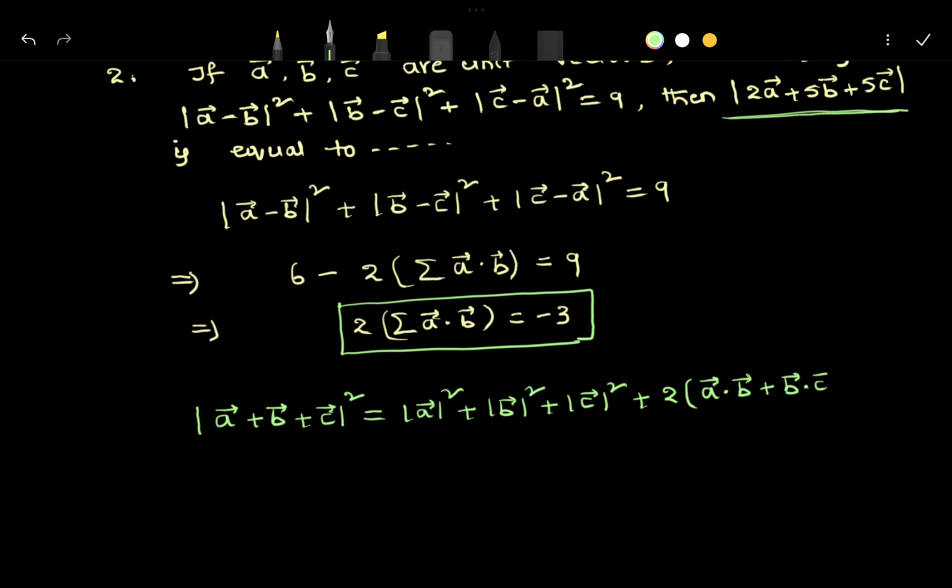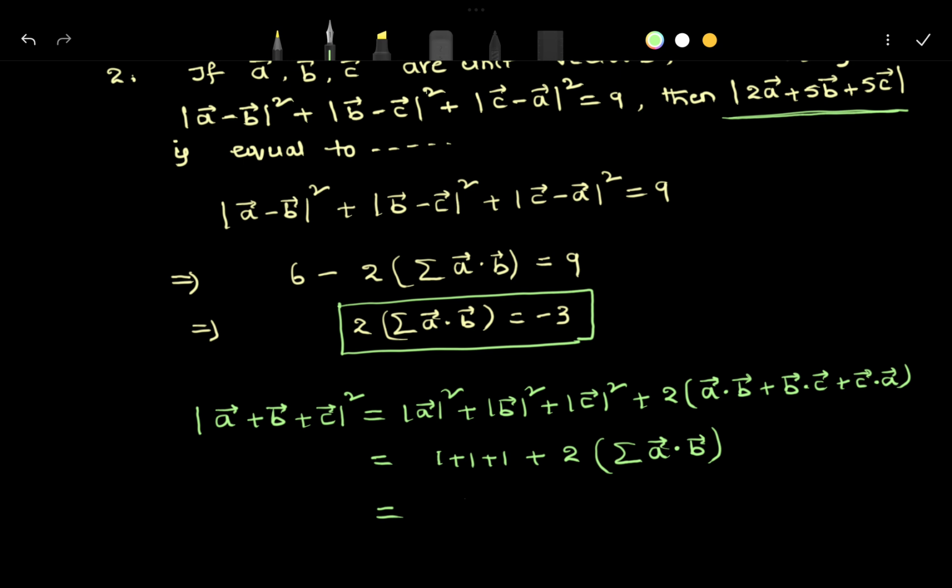Now here this value will be equal to 1 plus 1 plus 1 because these are all unit vectors, plus 2 into sigma a bar dot b bar. Okay, so this is that value.